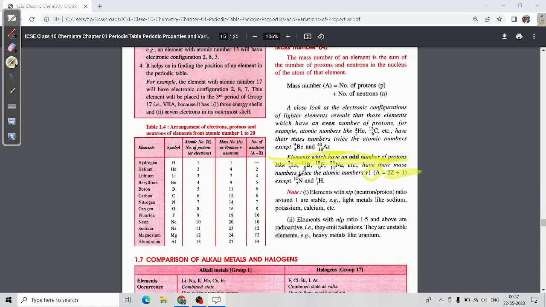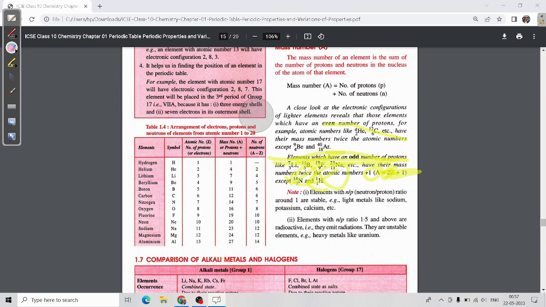There are two exceptions, hydrogen and nitrogen. Except for these, all the elements in the periodic table follow this rule. And for even numbers, the atomic mass equals double of the atomic number.